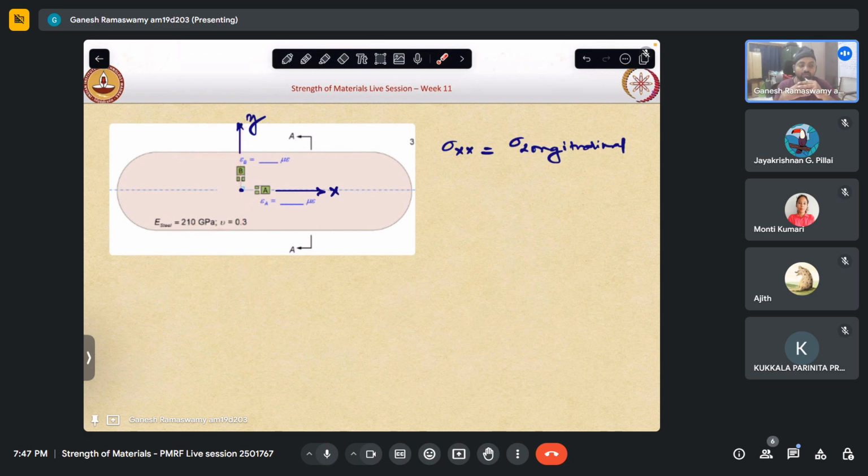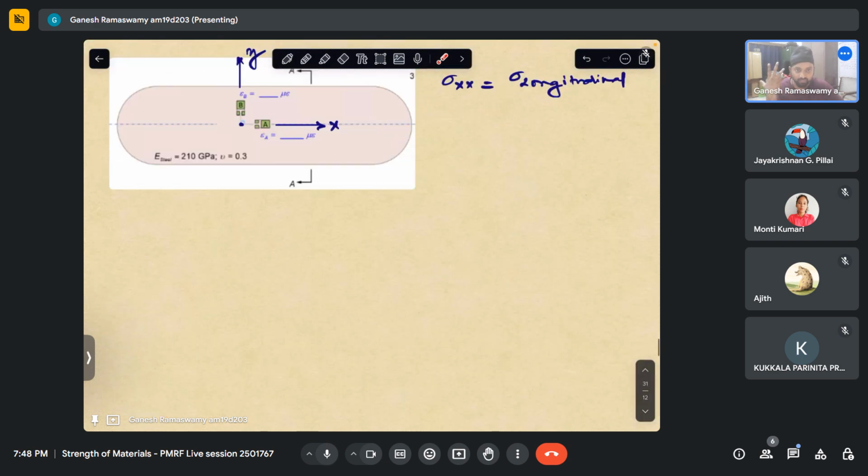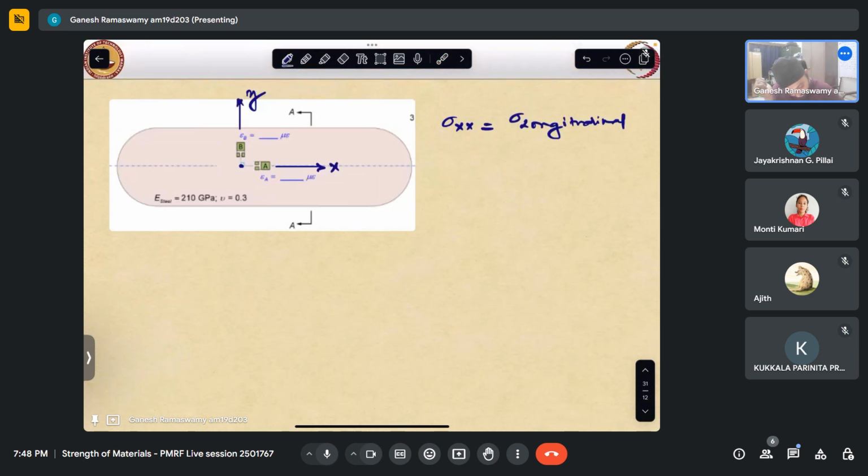Similarly, if we were to cut it this way and view half of the cross section, we will have hoop stress here and pressure acting like this, which will balance out, which we have done umpteen number of times in the previous sessions. So I'll avoid delving into that. So sigma yy is nothing but sigma hoop. And at the surface, sigma zz is actually 0, by virtue of that being a free surface.